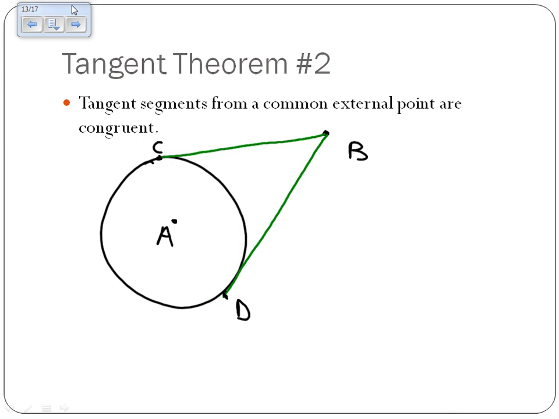So I know that this segment must be congruent to that segment. The sides of the ice cream cone have to be the same length. And that would, if we write it out, we would say that CB is congruent to BD. Okay? Last theorem, fairly easy. Whenever they give you the ice cream cone, the sides of the ice cream cone must be equal.